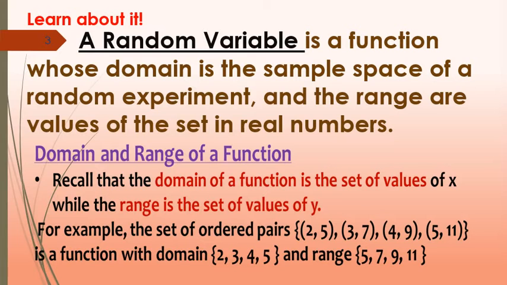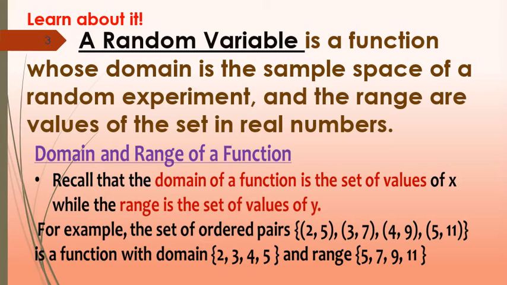A function is composed of domain and range. Domain and range are sets of values. The domain are the values of x, and the range are the values of y.